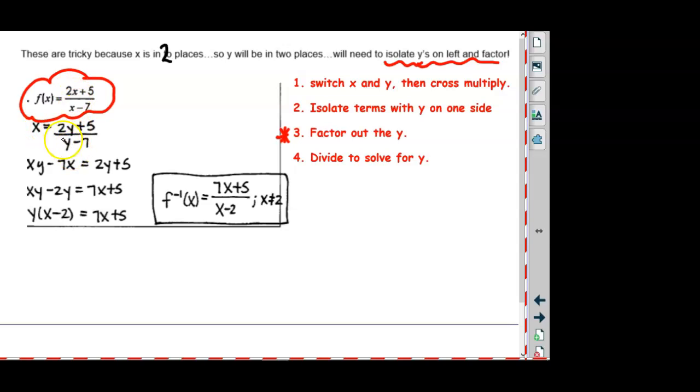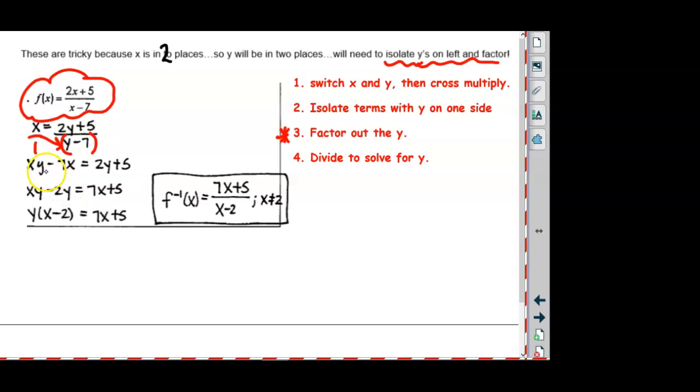Okay, they switched the x and the y. Then they cross multiplied. x times y minus 7 became xy minus 7y. That's already distributed right there. And then this was just 2y plus 5 here.